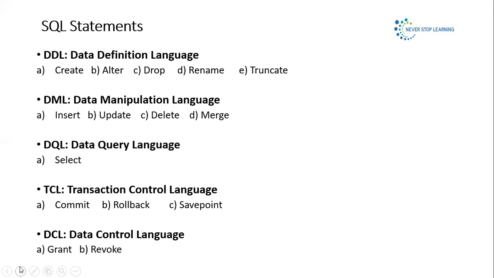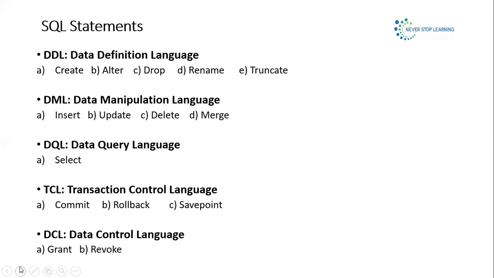DDL will define how you can create and how you can delete objects from the database. So all the setup related to structure, changes related to its structure, or renaming or removing come under DDL. The commands we are going to execute for DDL are create, alter, drop, rename, and truncate.